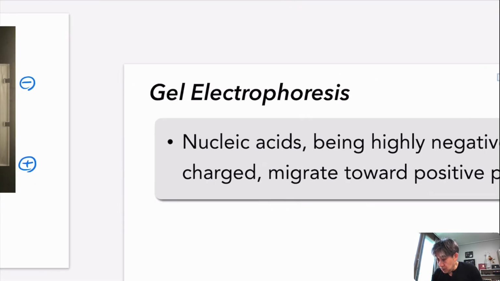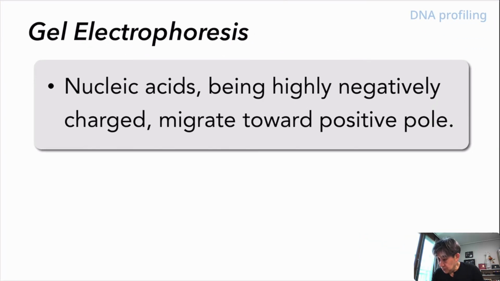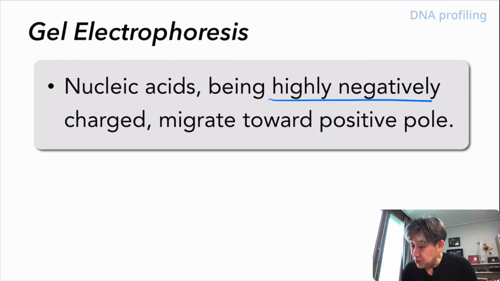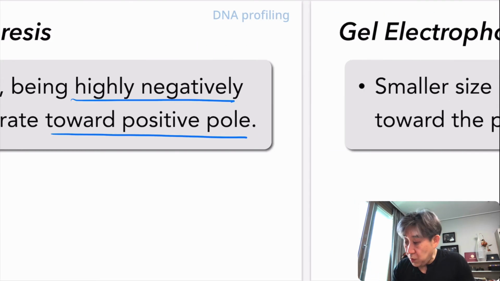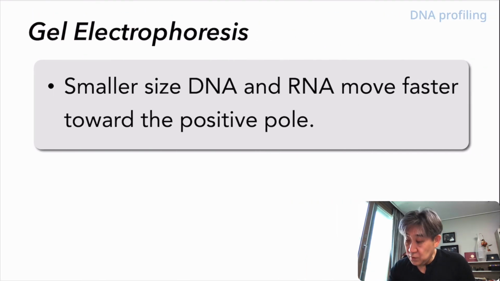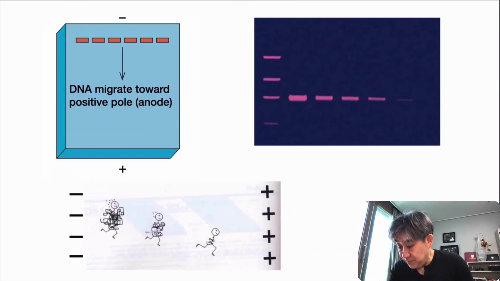Like I said, these nucleic acids are highly negatively charged, so they will migrate towards the positive pole, and smaller nucleic acids can move faster. So the DNA or RNA fragments ending up at the bottom are the smaller ones.